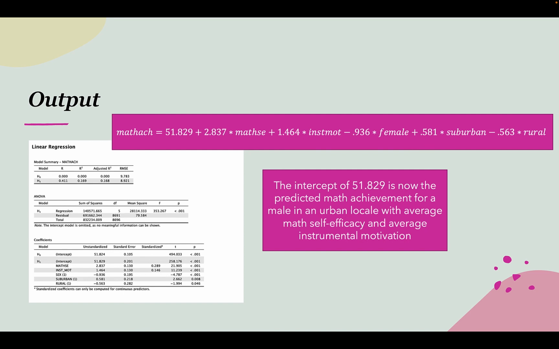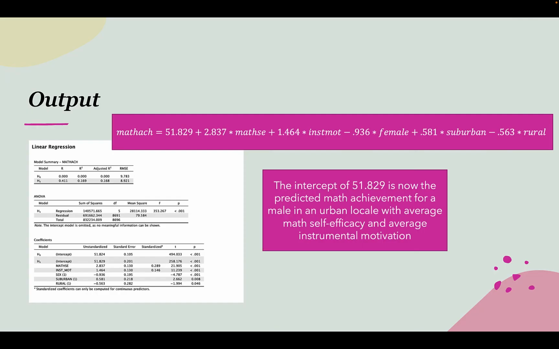The intercept of 51.829 is now the predicted math achievement for a male in an urban locale with average math self-efficacy and average instrumental motivation. So we notice that if we want to interpret this line for males in a suburban environment, we see that the intercept increases by 0.581.